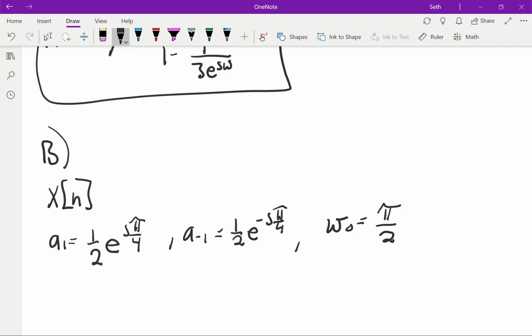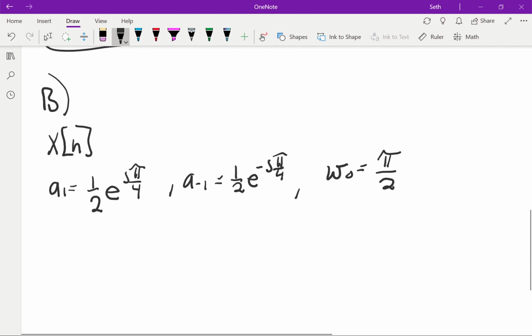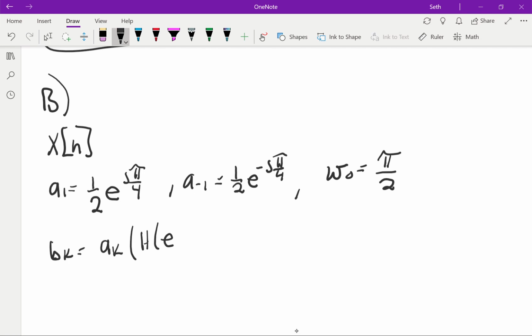So we know that the coefficients for y are going to be given by b k equals a k times H of e to the j k omega naught.